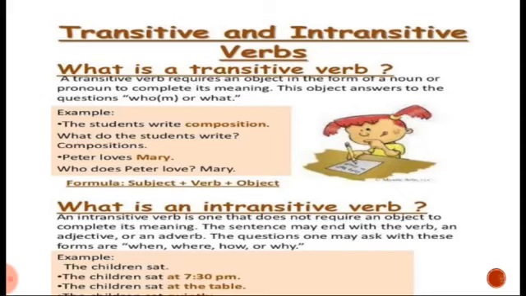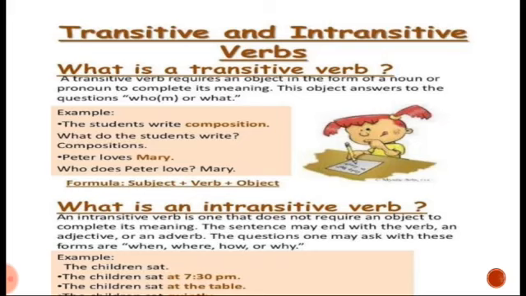I told you earlier that transitive verbs require an object to complete their meaning, and an object will be a noun or a pronoun. You have to ask the question whom or what to find out the object.